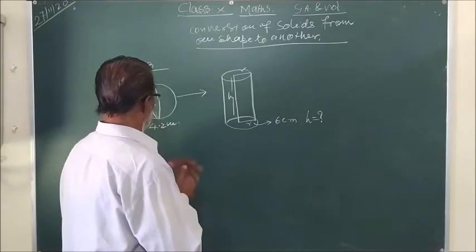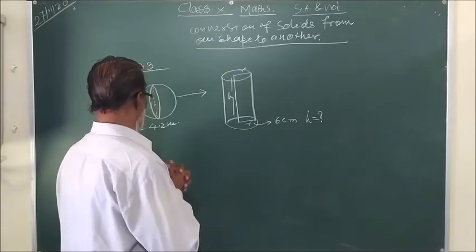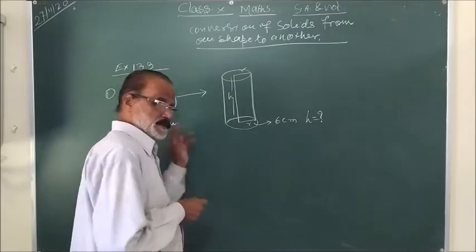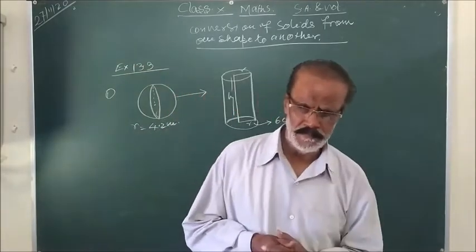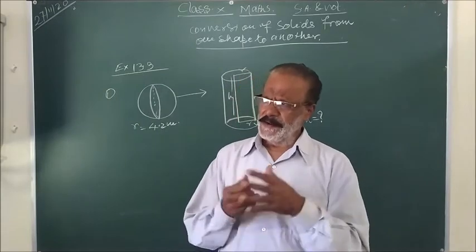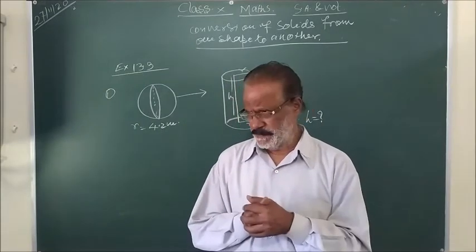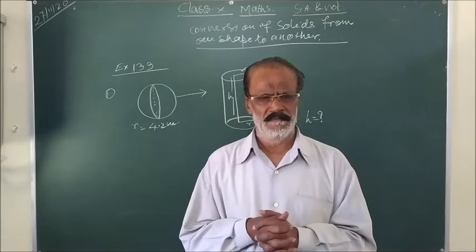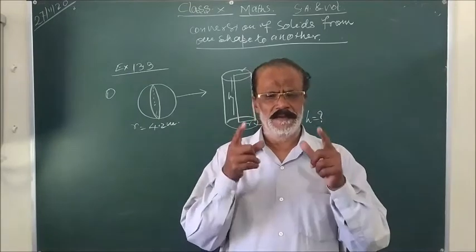A solid metallic sphere whose radius is 4.2 cm is melted and reshaped into a cylinder.